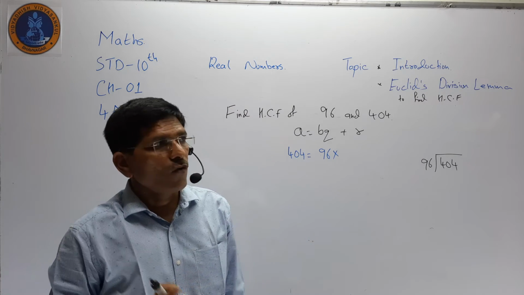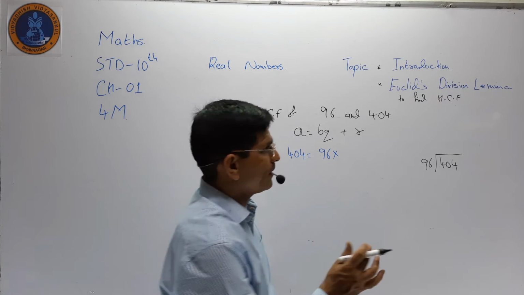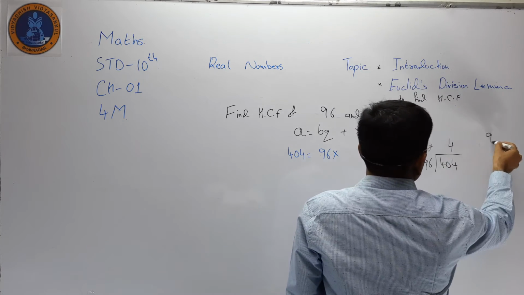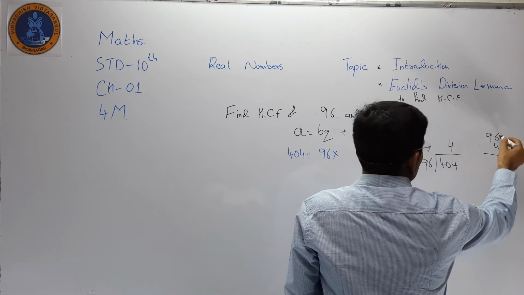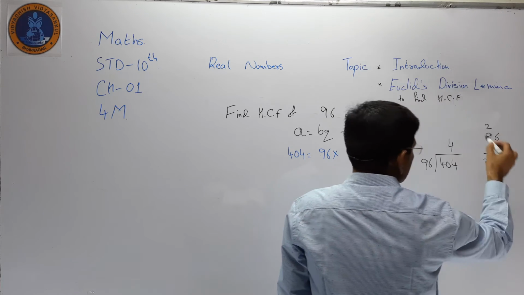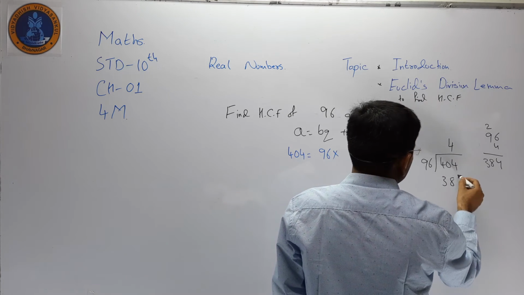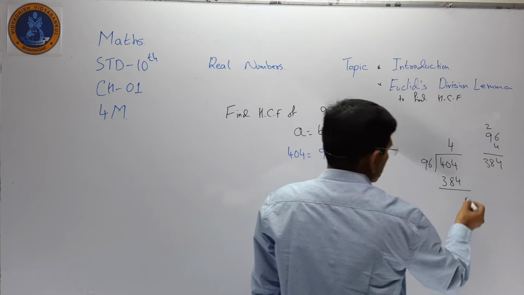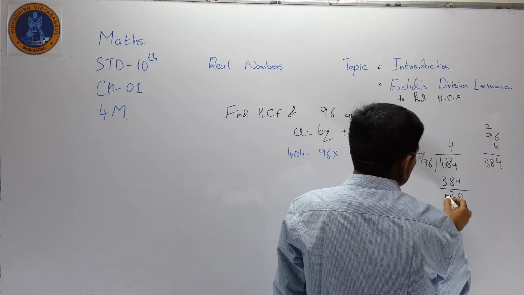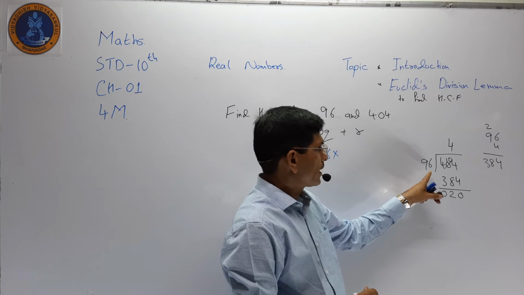It is not possible. 4, 96 times 4 is 384. So 96 into 4: 6 4s are 24, 2, 9 4s are 36 plus 2, 38, 4. So I have to write 384. Here it is 0. We have to write 2.